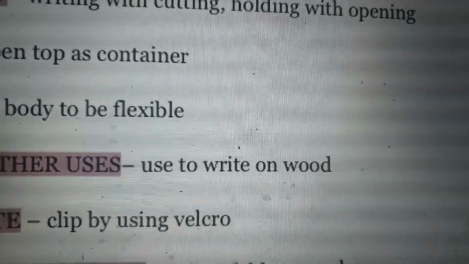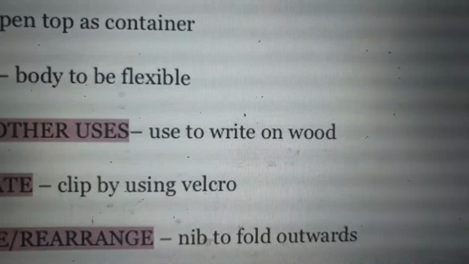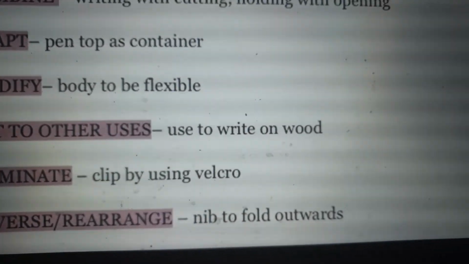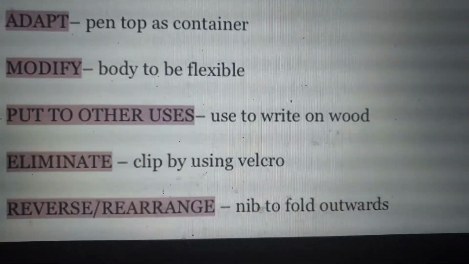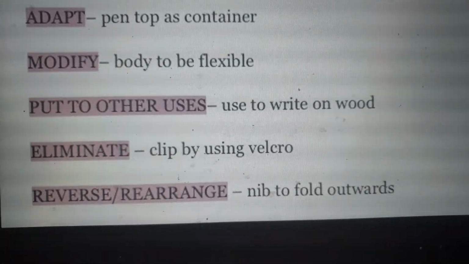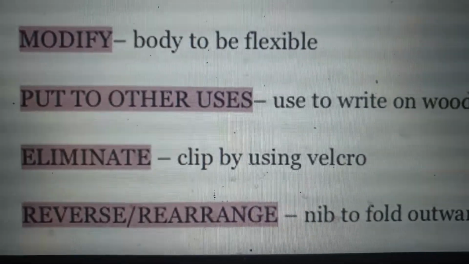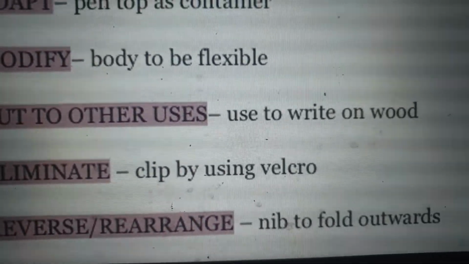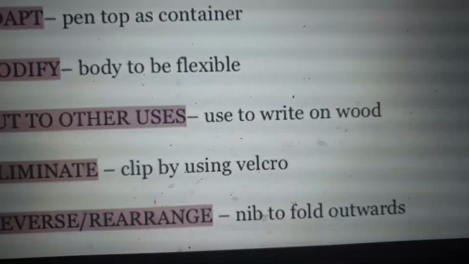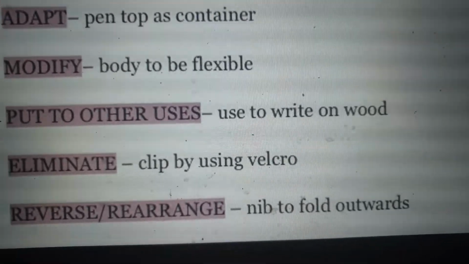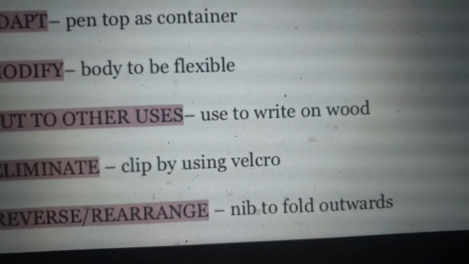Use the pen that they used to write on paper to write on wood. Think about it. Good ideas are crazy, or great ideas come from crazy ideas. Eliminate the clip by using Velcro. Instead of a clip to put on your shirt, just stick it on your shirt.